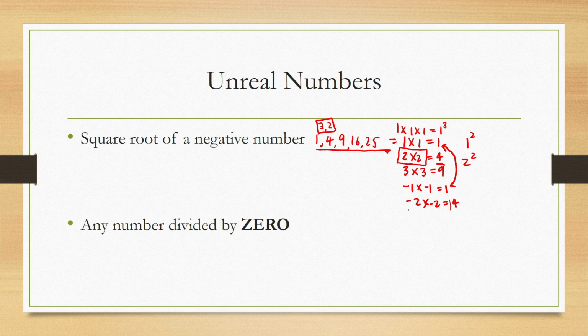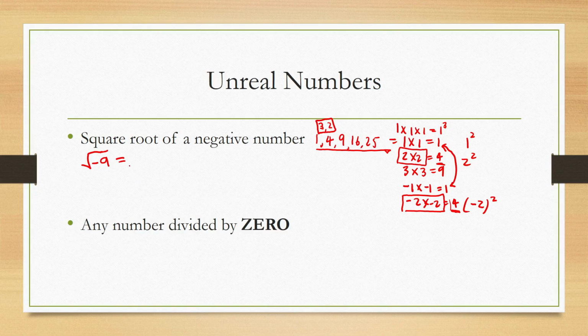And whether or not you're squaring a negative number, because we said negative 2 times negative 2 is the same as negative 2 all squared, even if you're squaring a negative number, your answer will always give you a positive number. So therefore, if you say a square root of a negative number, let's say maybe negative 9, if you punch this into your calculator it will always give you an error.